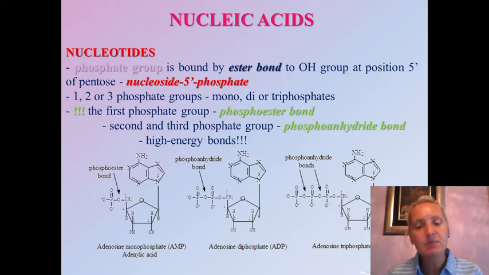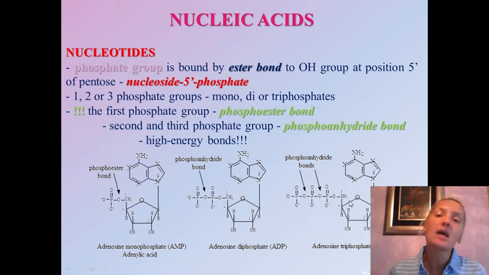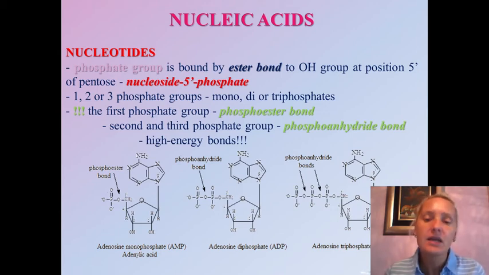Thus, the ATP molecule, adenosine triphosphate, from this figure is considered to be a high energy compound, but adenosine monophosphate, containing only a phosphoester bond and one phosphate group, is marked as a low energy compound.